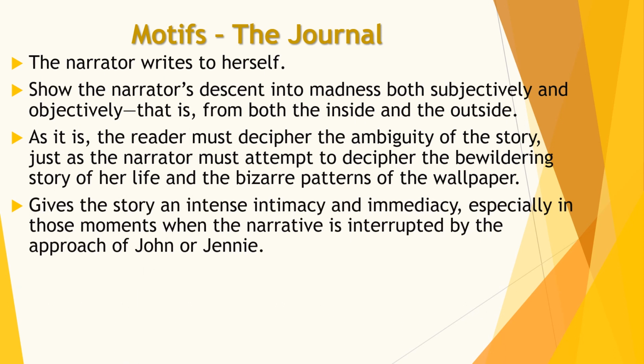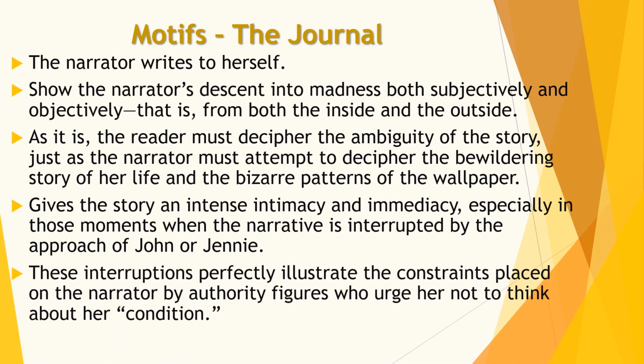This keeping of the journal gives the story an intense intimacy and immediacy, especially in those moments when the story is interrupted by the approach of John or Jenny. These interruptions perfectly illustrate the constraints placed on the narrator by authority figures who urge her not to think about her condition.